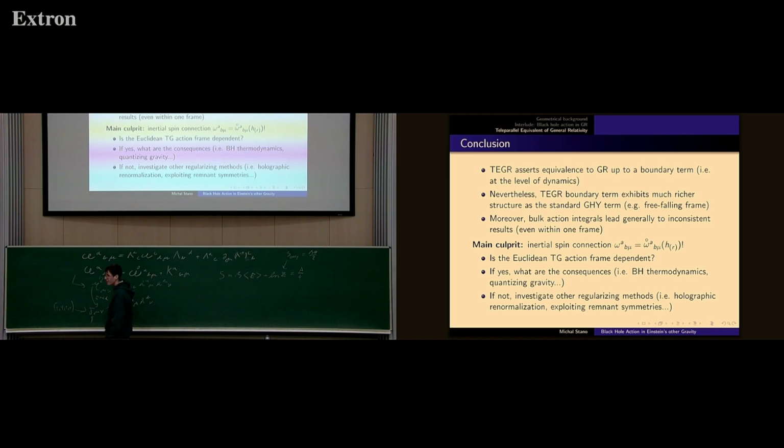And if we demand that the teleparallel action should really be frame independent, and therefore we would like to discard all of these results, my view is that we need to somehow specify the spin connection in teleparallel gravity in some other manner than we have used now. Therefore, we might consider, for example, some sort of holographic renormalization, or we may start to exploit the remnant symmetries, and I don't know what else.